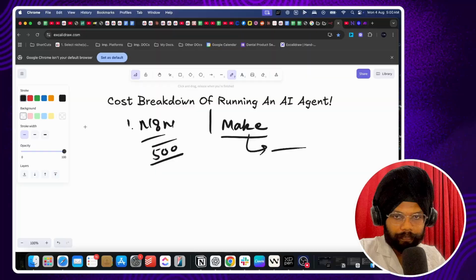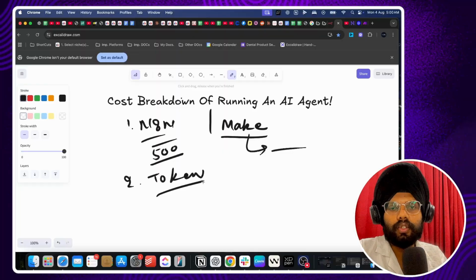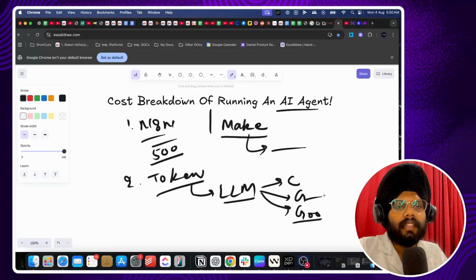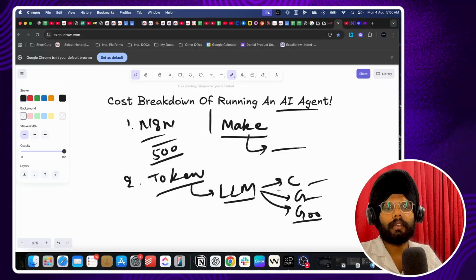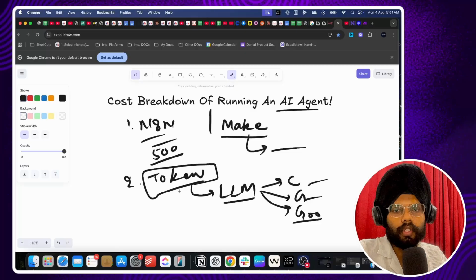The second cost is going to be the token cost. Because you are creating an AI agent, you will use some kind of LLM, whether it is ChatGPT, Grok, Google Gemini, or Claude from Anthropic, whichever you pick. It is going to be a bit of cost in tokens.